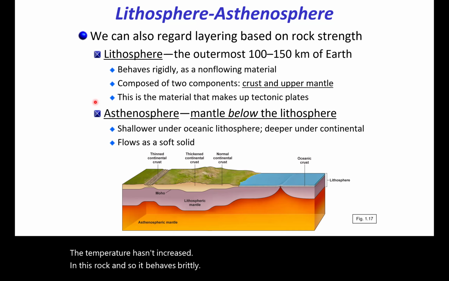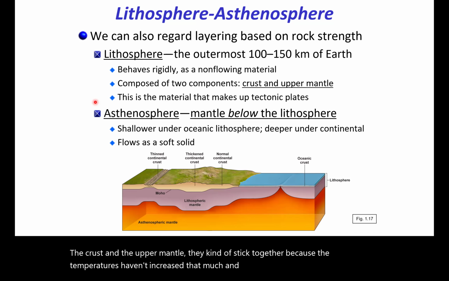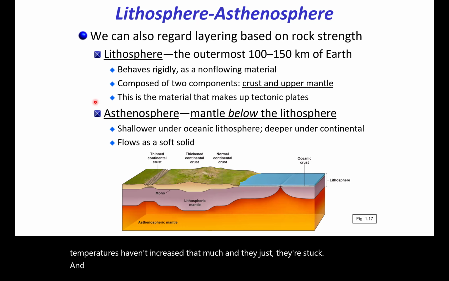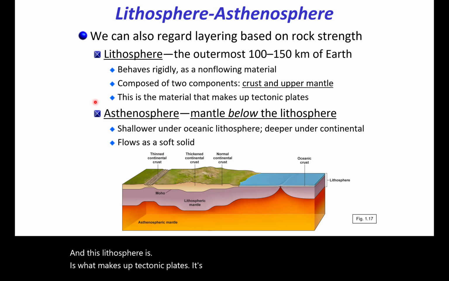The crust and the upper mantle kind of stick together because the temperatures haven't increased that much, and they're stuck. And this lithosphere is what makes up tectonic plates. It's a rigid layer of rock, and it is sitting on top of the asthenosphere.